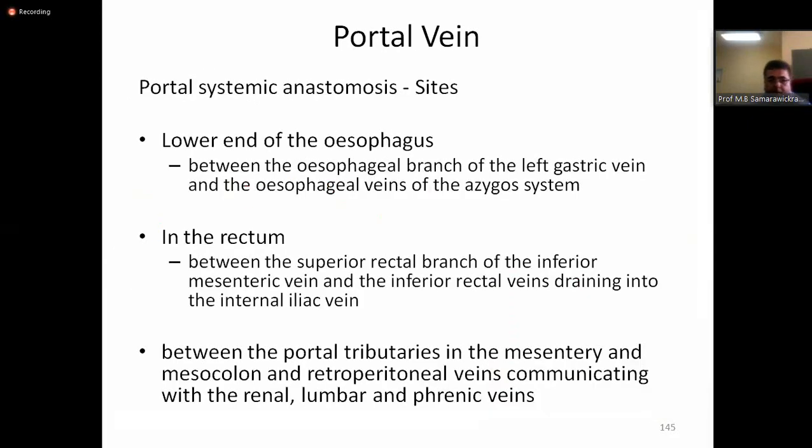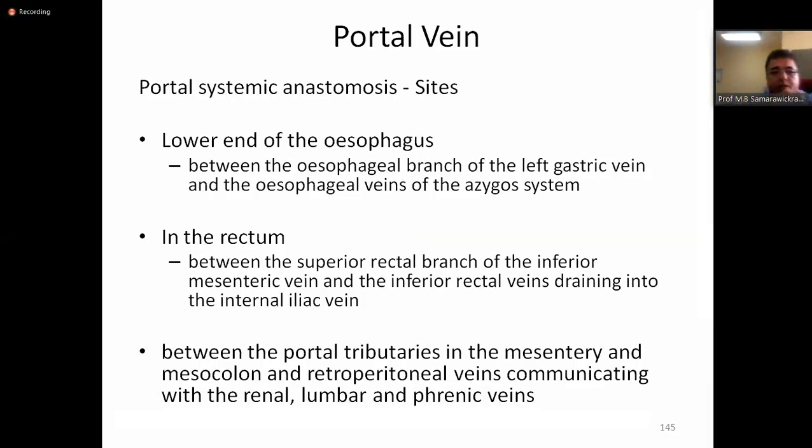The portal vein, you should know the anatomy of the portal vein and the sites of its portosystemic anastomosis: the lower end of the esophagus and the rectum, and also in the anterior abdomen. These are the three most important sites. In addition to that, you get portosystemic anastomosis in the retroperitoneal space and the bare area of the liver.